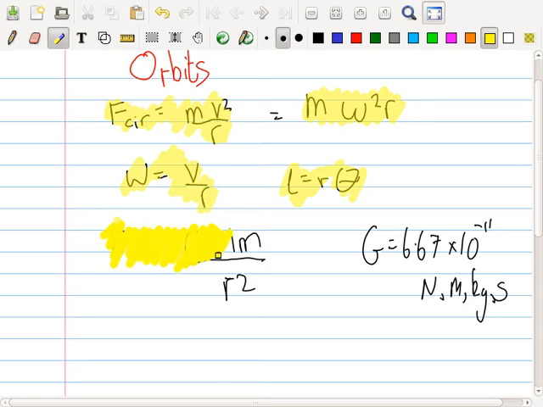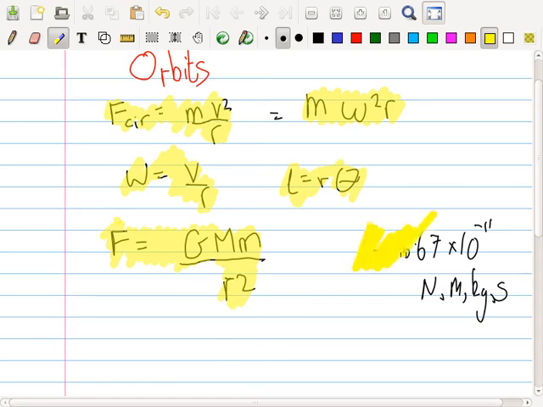Is it an exact number? Of theta or of G? Are you saying is it exactly 6 and 2 over 3? No. It looks like it, but it is not.